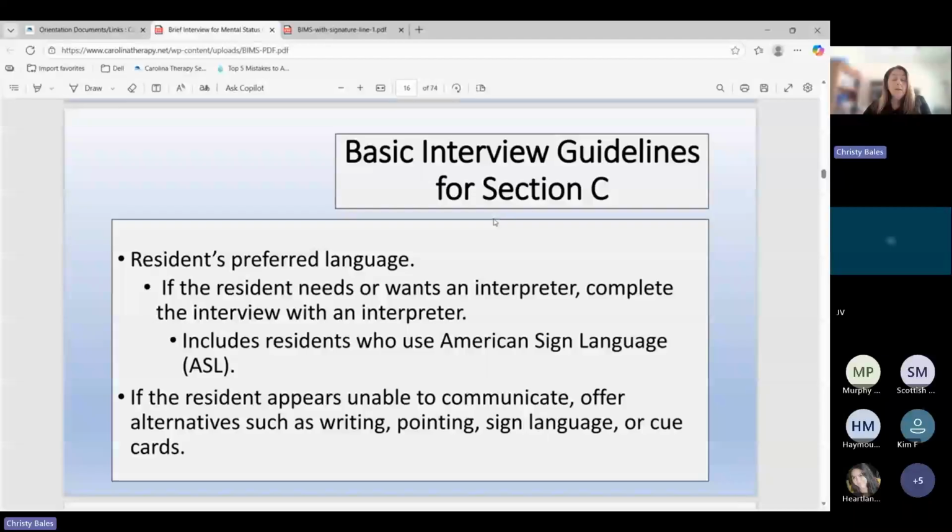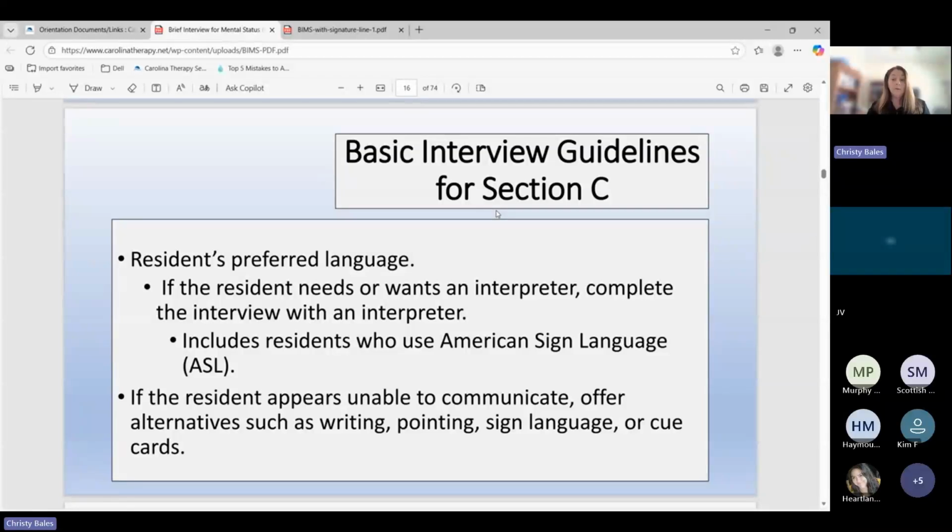But I know that some of this is going to seem really redundant, kind of childlike. This is a different test. It has very different rules and standardization. And we have to do it exactly the way they say. We have to do it in the resident's preferred language.